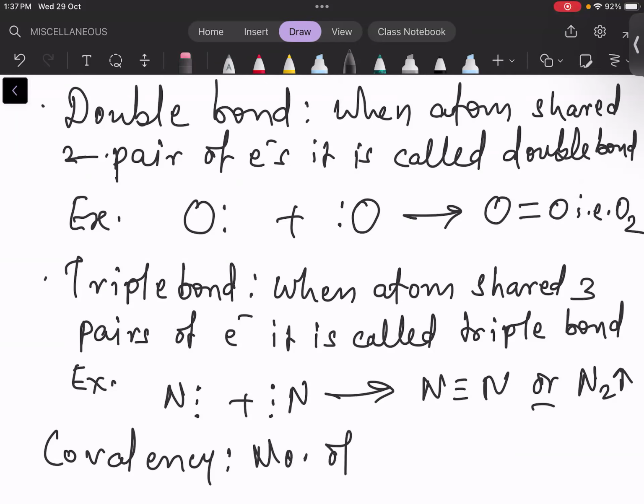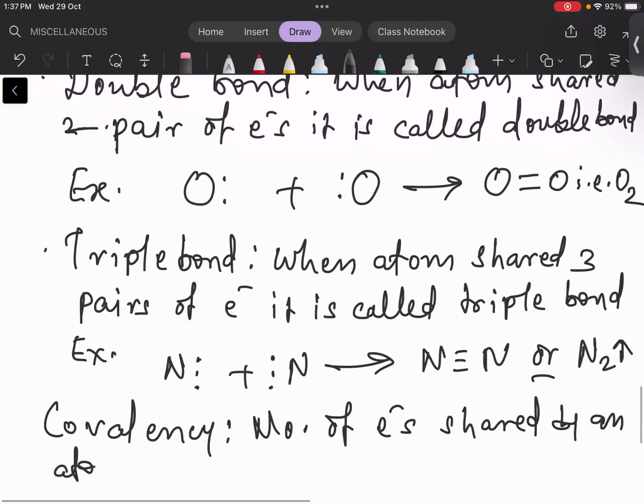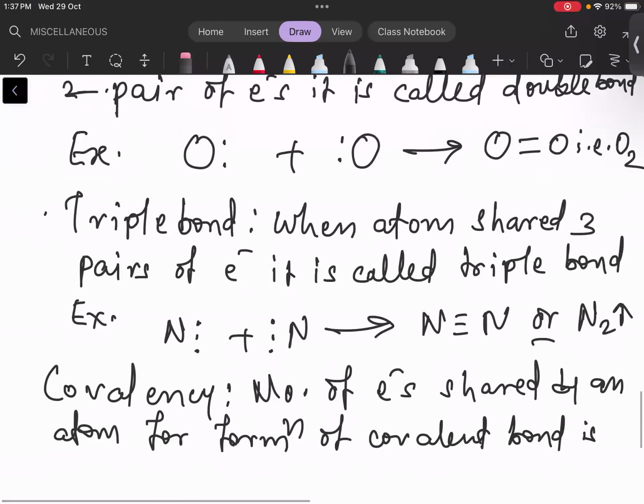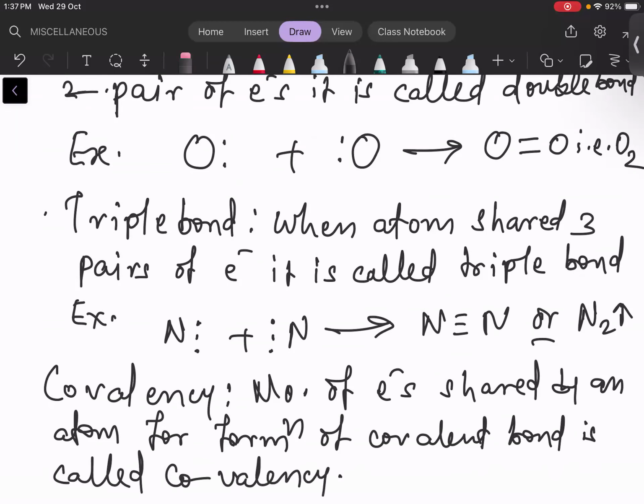The number of electrons shared by an atom for the formation of a covalent bond is called covalency. What is it called?